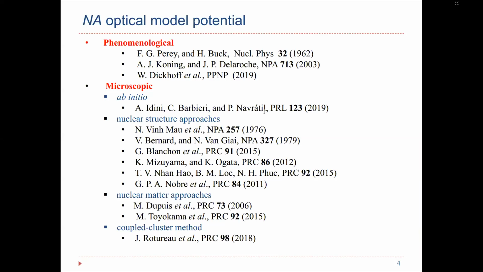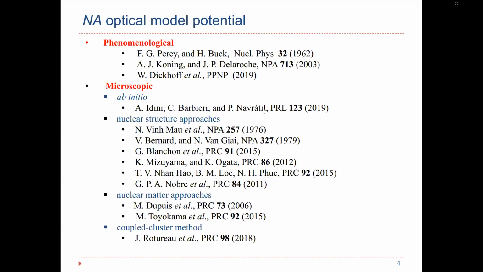The phenomenological potential is of high precision, and we can say it is global, like the Koning-Delaroche potential, for example. However, when we go too far from stability, it is unreliable to use the phenomenological potential.